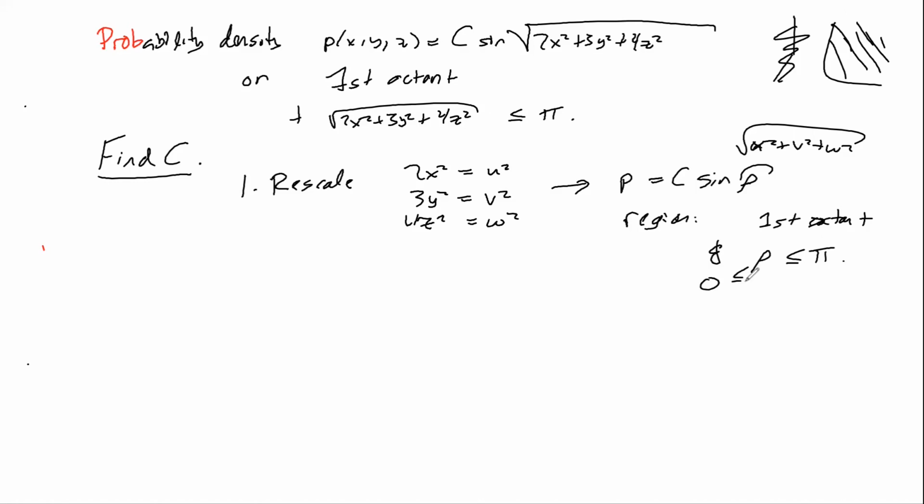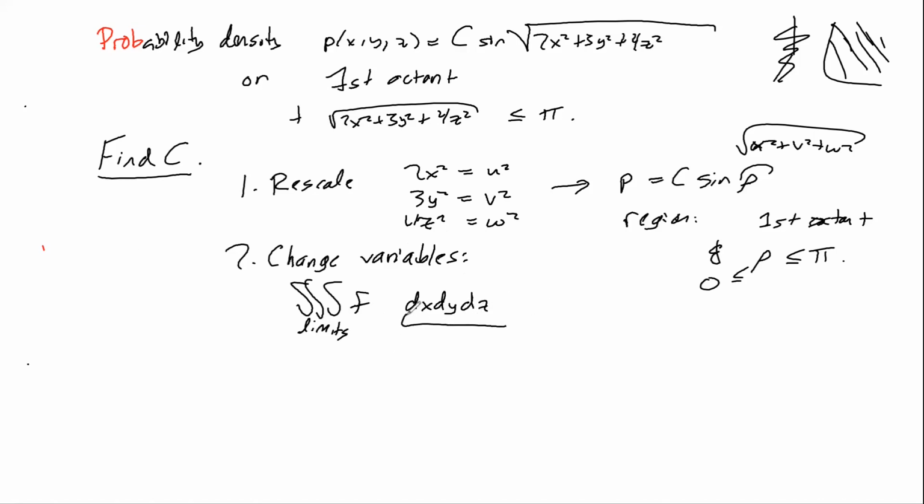Okay, so then the problem becomes a matter of using spherical coordinates to do integration. So the only question is, how does the integral transform? So when you take a triple integral over various limits and you have some function, you need the Jacobian, because then this thing, dV, will be equal to the Jacobian times du dv dw.